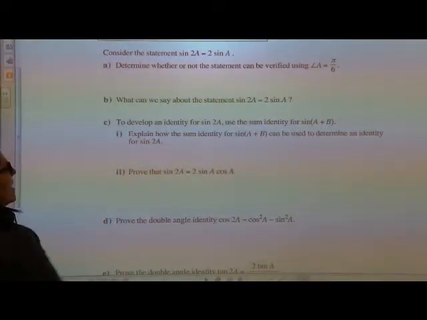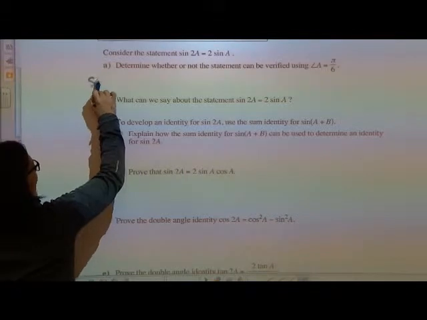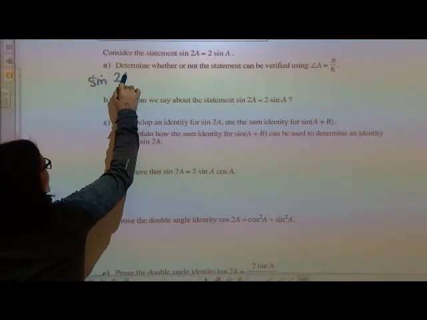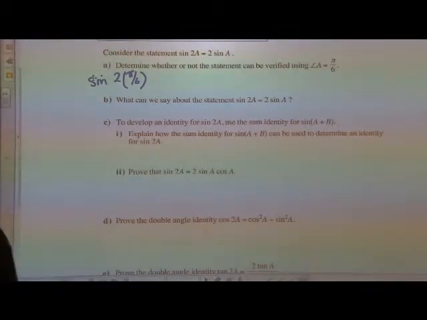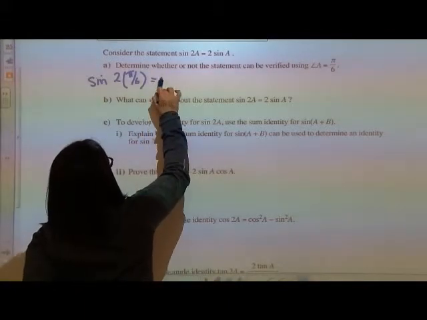So, if I look at the left-hand side, I have sine 2 times pi over 6. And what is 2 times pi over 6? Pi over 3. So this equals sine pi over 3.